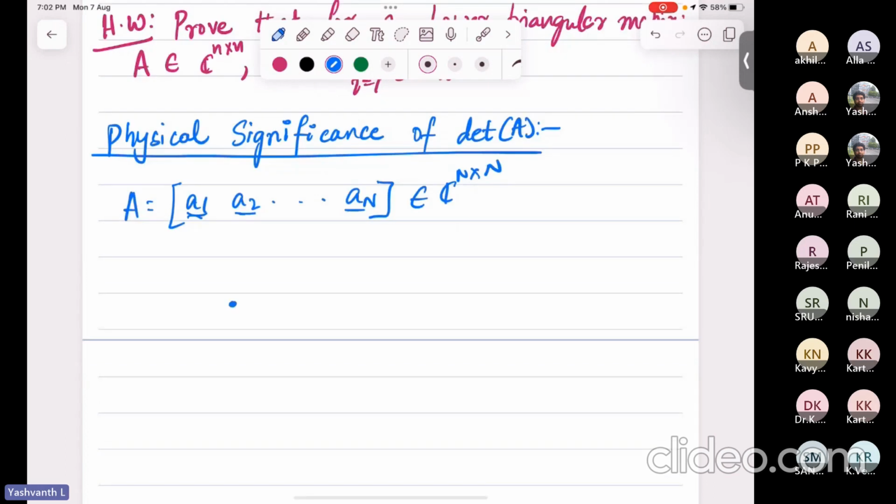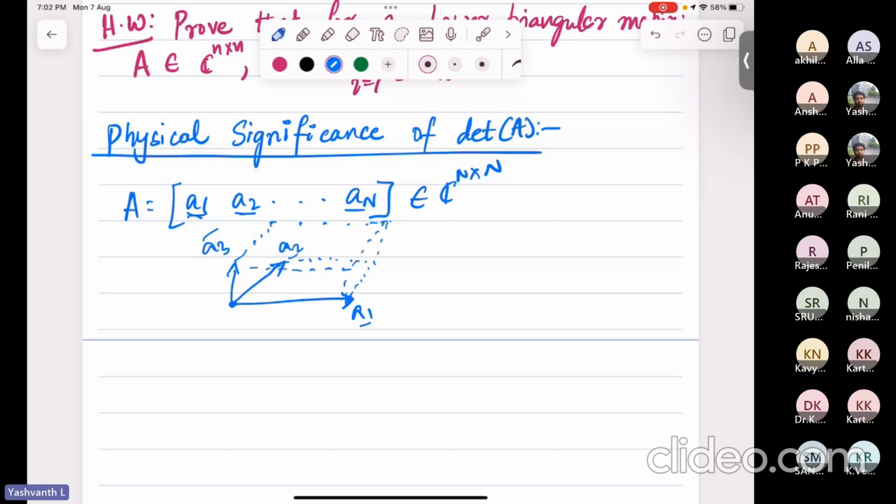Now what I do, let's in the Cartesian coordinate system, let me find all the coordinates represented by each of these n vectors. Let's say a1 is this, a2 is this vector, a3 is this vector, and so on. Now the physical significance is that the parallelepiped formed by having these vectors as its sides has its volume equal to the determinant of the matrix A. You can note it down and go and check for more details.